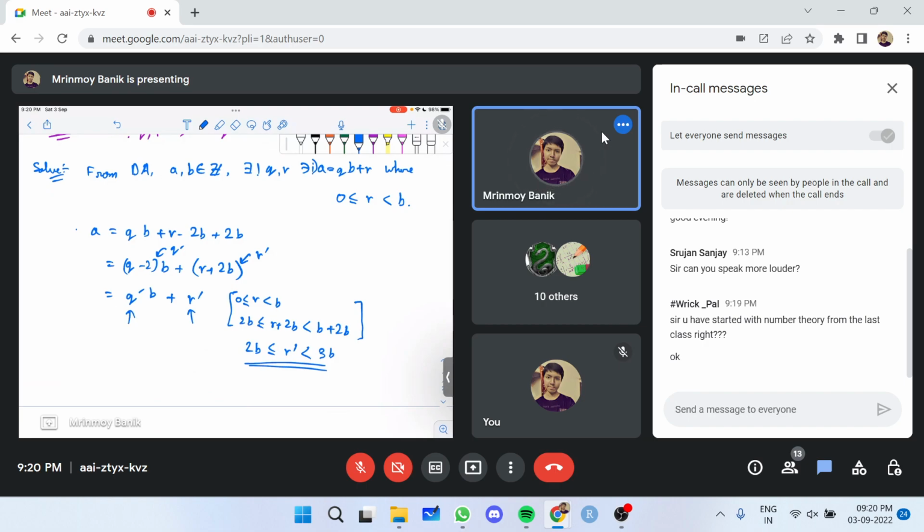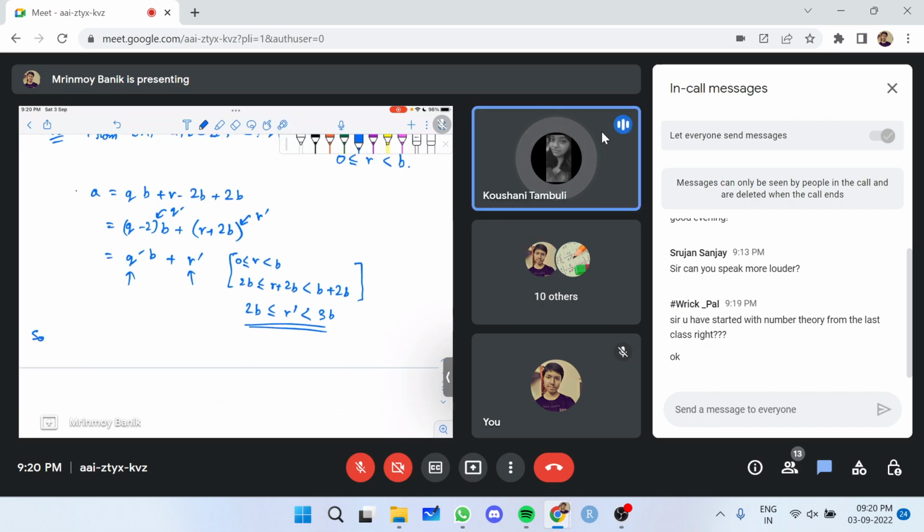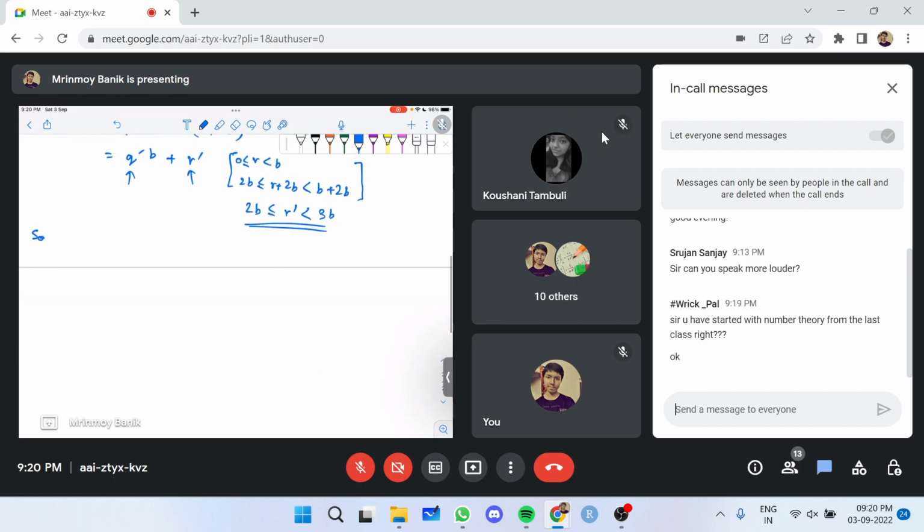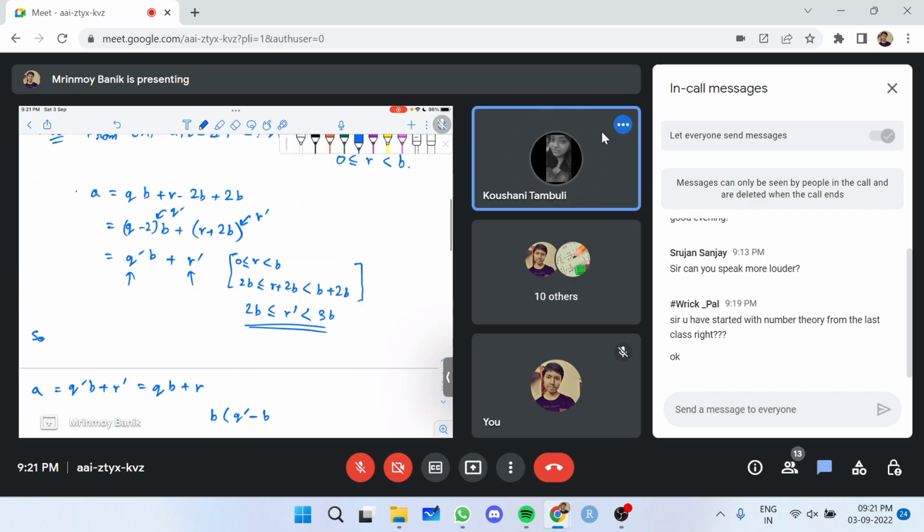Is that clear, Koshan? Sir, I have done it in a different way. Okay, what's your way? At first I took another unique integer q dash b plus r dash, and assumed these two are equal, q dash b plus r dash equal to qb plus r. Then I did my calculation and got b times (q dash minus q) equals r minus r dash, and put it in the expression to be less than or equal to r less than 3b, and then I didn't get the answer.